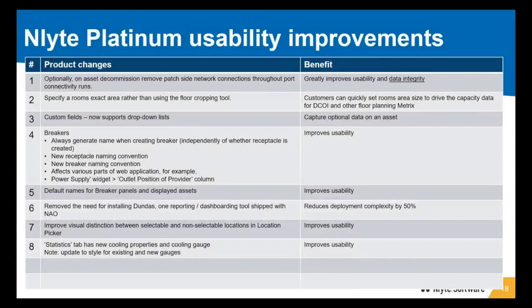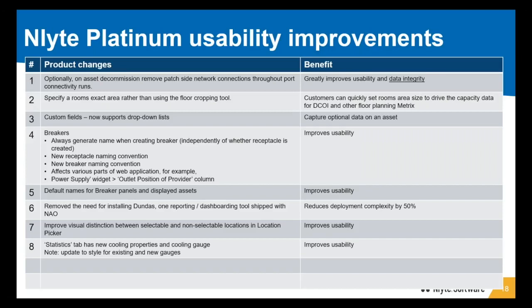Cool. So there's a whole bunch of other usability and performance improvements inside the core product. I won't go through them all, but I will go through the one that I know many of you asked for, which is custom fields, being able to have drop-down lists or lists inside the custom fields. You've got all your standard custom fields.